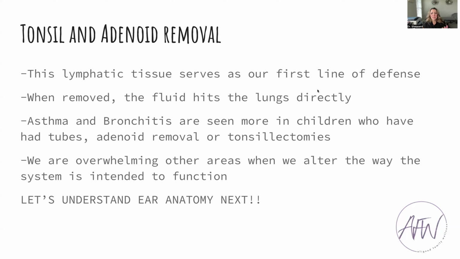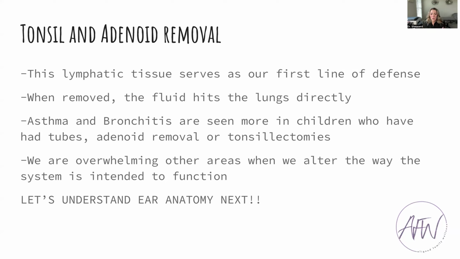This lymphatic tissue serves as our first line of defense. When we remove the tonsils and the adenoids, the fluid doesn't have that first line of defense, and now that fluid goes straight down their throat and into the lungs. Now kids have asthma and bronchitis who've had tubes, adenoids, or tonsillectomies. They've got all these chronic lung issues because everything is draining and not being caught at our first line of defense.